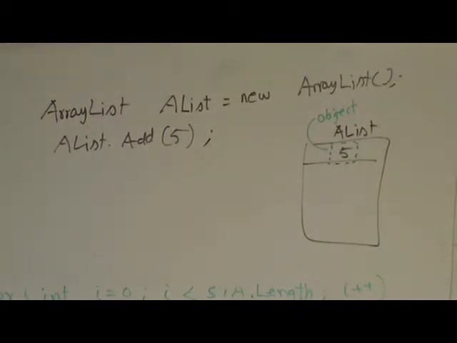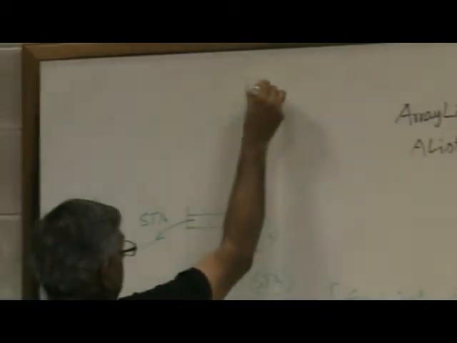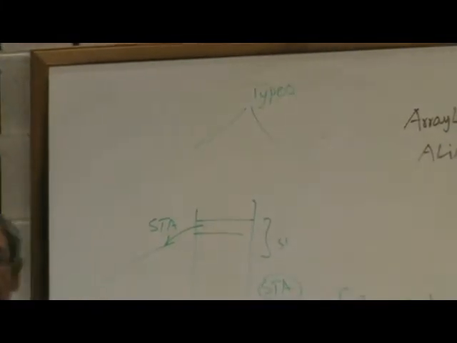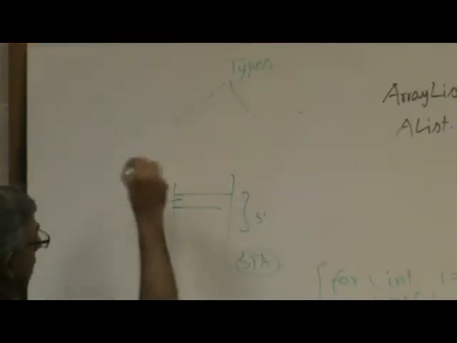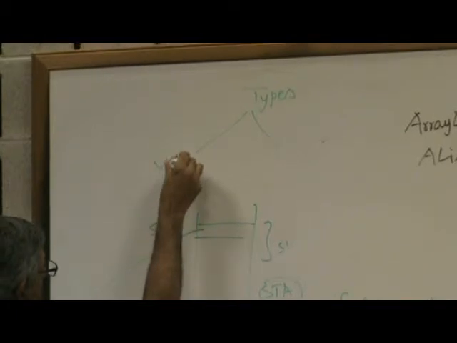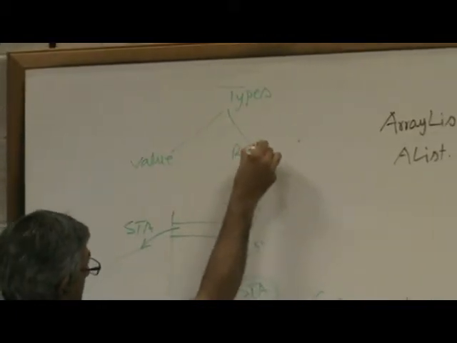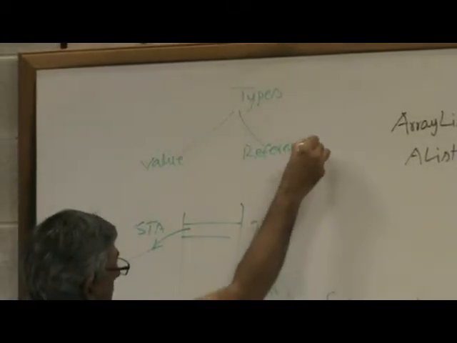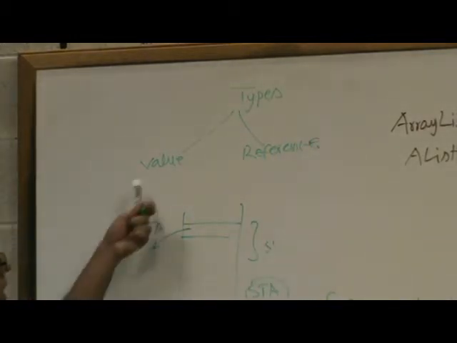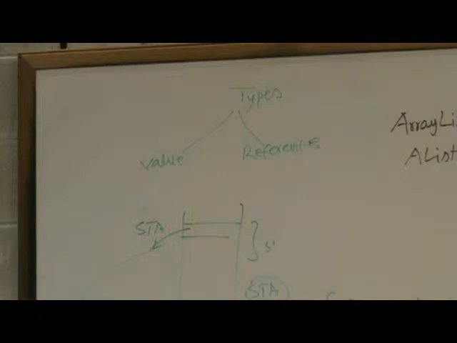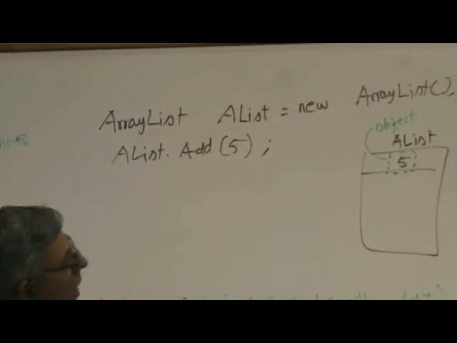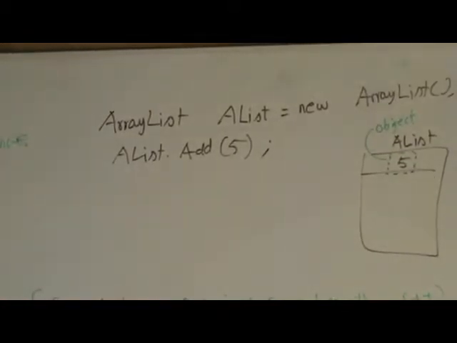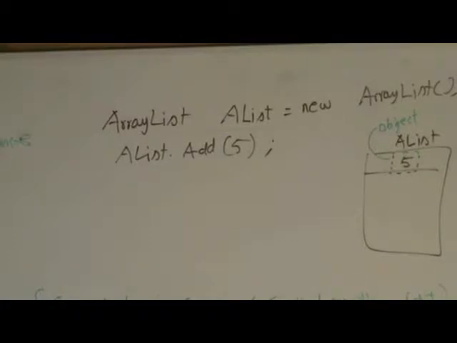Remember last time we also briefly discussed the concept of types. We have two categories of types: value types and reference types, right? Value types are created on the stack. Reference types are created on the heap, right? So what is 5? When I say add 5, is it a value type or a reference type?